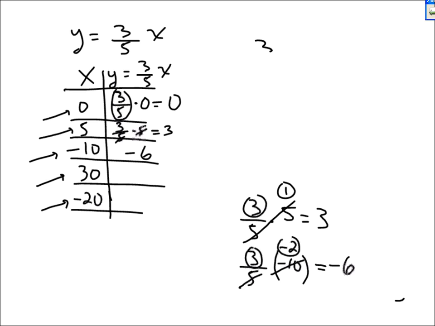Do it up here, please. 3 over 5 times 30. X is 30. 5 goes into 30, 6 times. 3 times 6, 18.